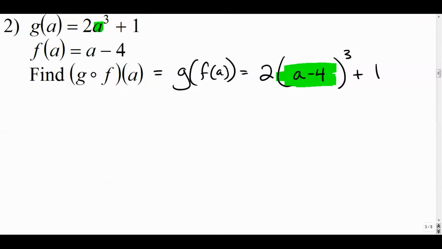So I wrote the general g function, and then I'm just doing a simple substitution. The variable gets substituted with the entire function f, and we simplify. So this is 2, and then we have a binomial cubed. Let's expand that.